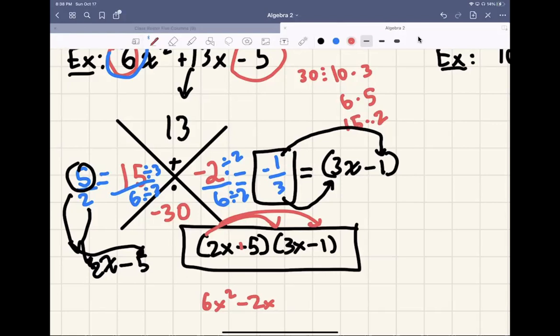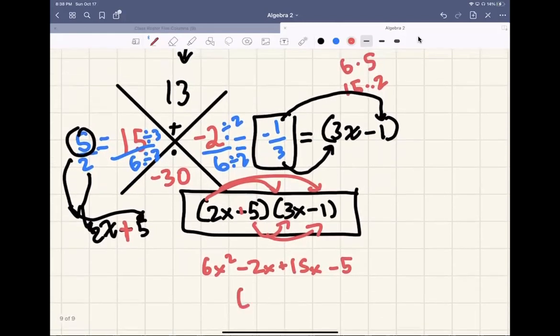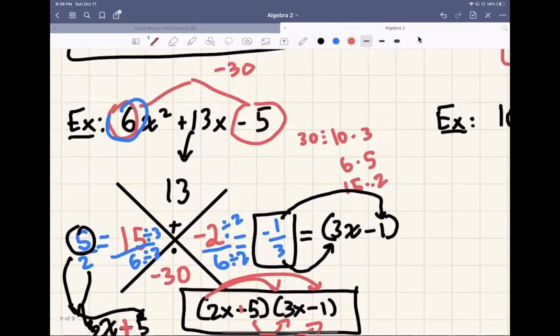This minus makes it a minus, but because it's a positive, we need plus 5. So plus 10x, plus 15x, and then minus 5. And then when you FOIL it out, you're going to get 6x squared plus 13x minus 5. That way you can check that our answer is correct, because that was the original quadratic.